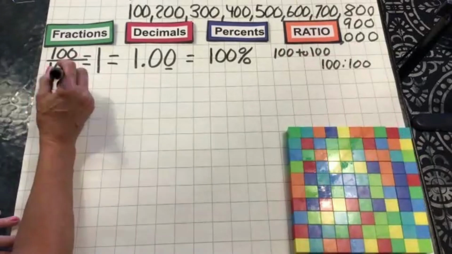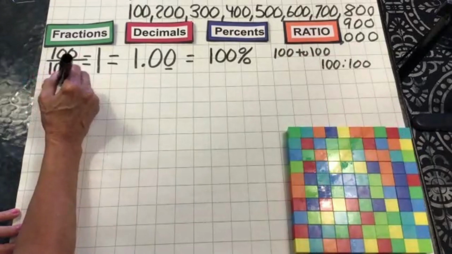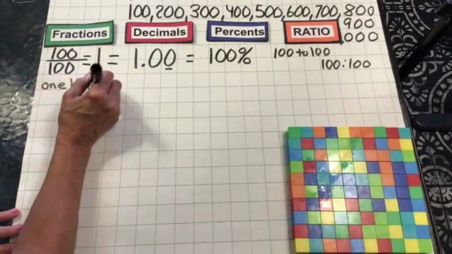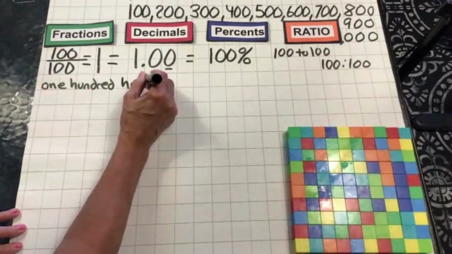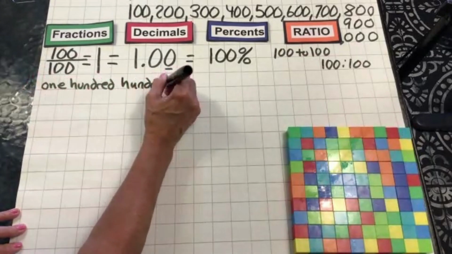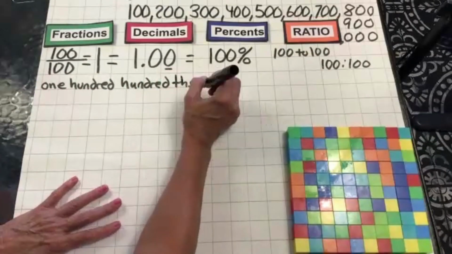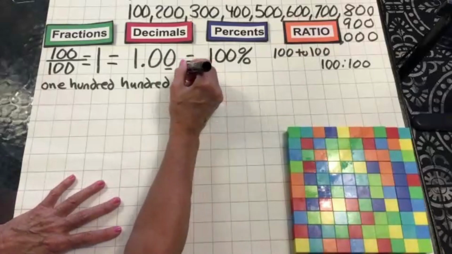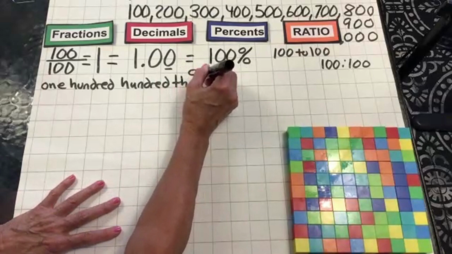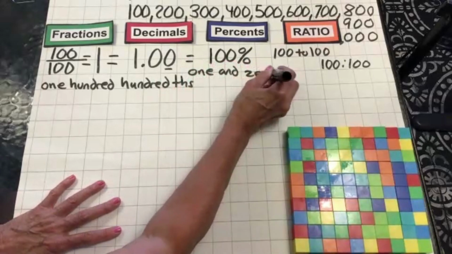All right, let's move on. So let's write this in word form. 100 hundredths. And up here would be 1 and 0 hundredths.